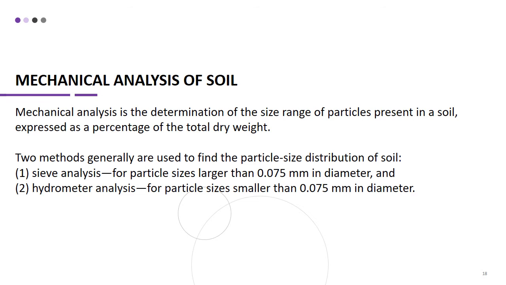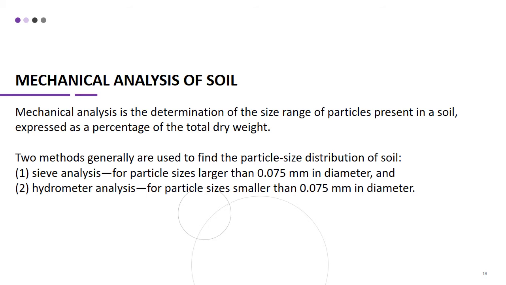So we have the mechanical analysis of soil. Mechanical analysis is the determination of the size range of particles present in a soil, expressed as a percentage of the total dry weight. Through mechanical analysis, we will be able to know the sizes of the particles present in our soil, expressed as percentages of the total dry weight.